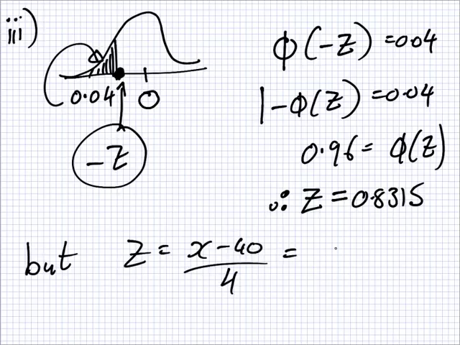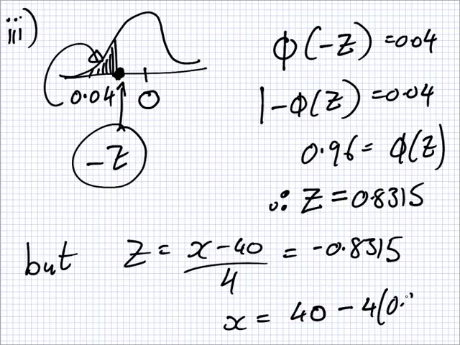And this should equal minus 0.8315. It's minus z. So that means x will equal 40 minus 4 times 0.8315. What is that, please?